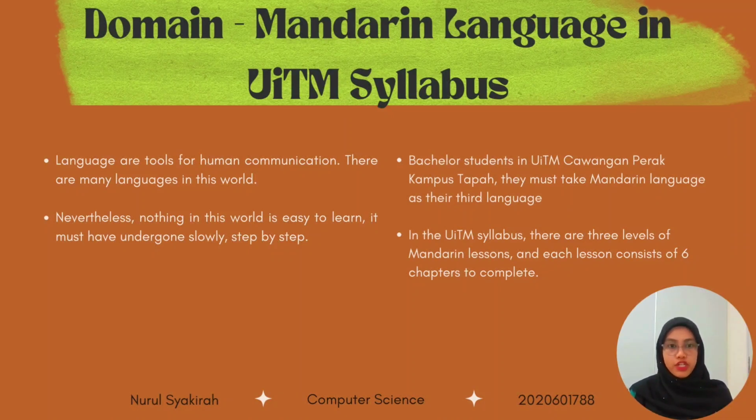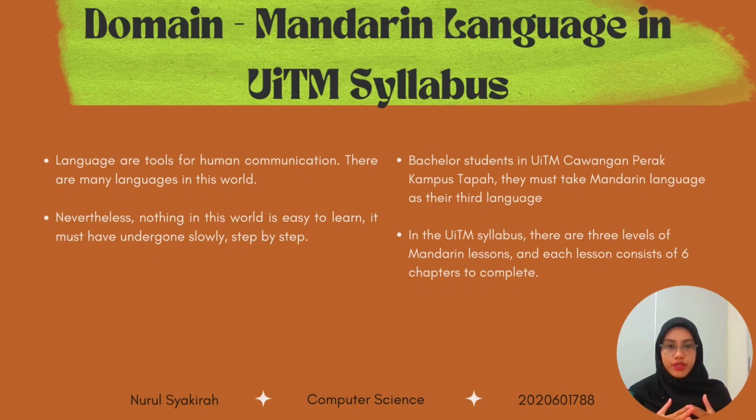So for bachelor students in UiTM Cawangan Perak campus TAPA, they must take Mandarin language as their third language to fulfill the credit hours, as it does not offer other languages. In the UiTM syllabus, there are 3 levels of Mandarin lessons, and each lesson consists of 6 chapters to complete.